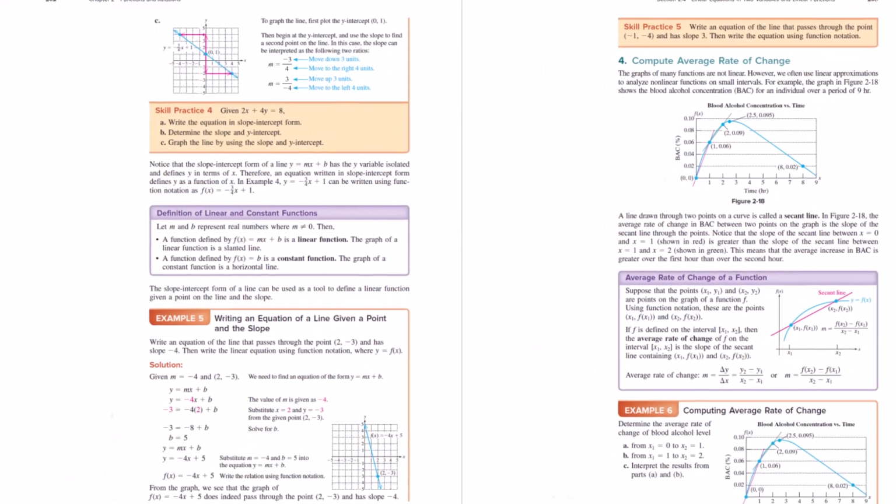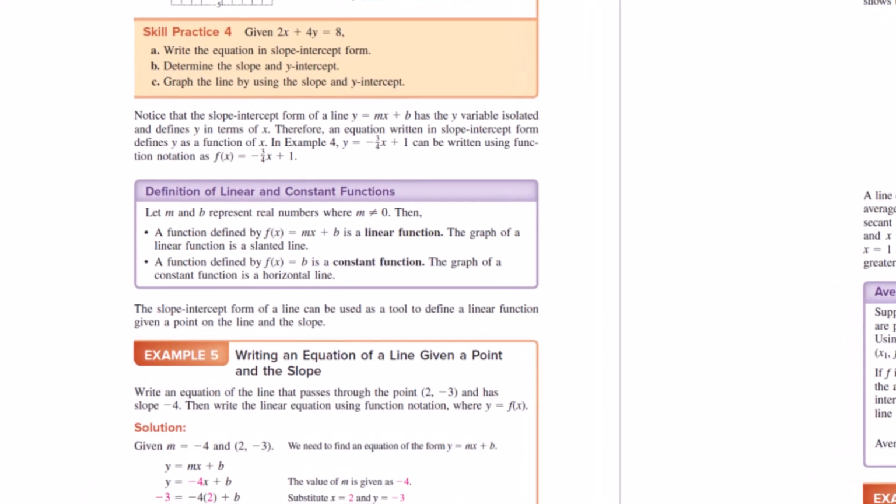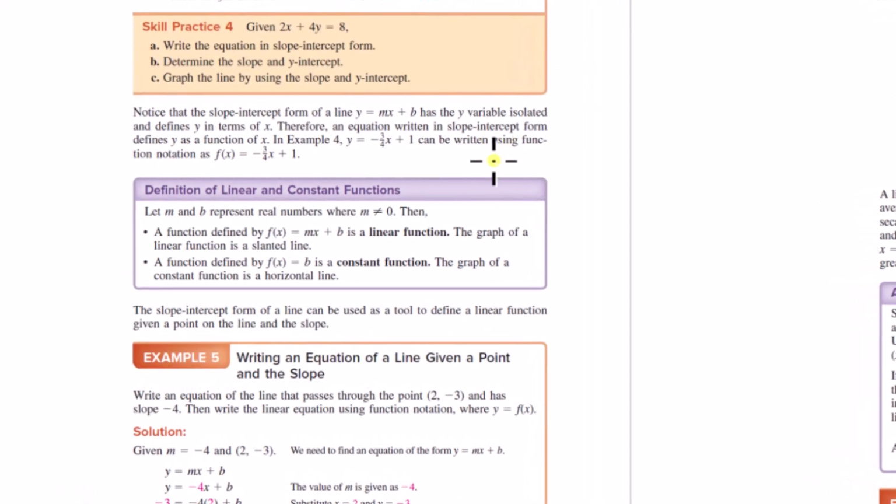Okay. Now, what we can do with this slope-intercept form for a line is that, there's two things you can notice about this form. So y is equal to mx plus b.